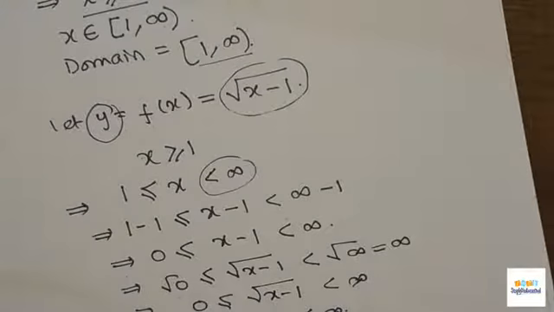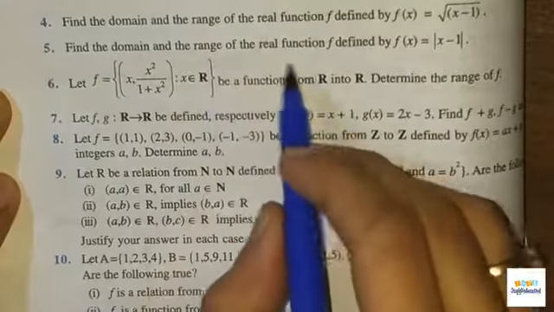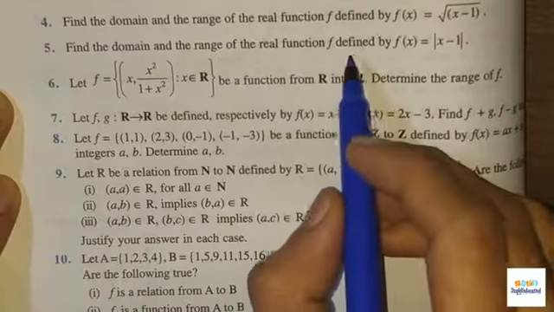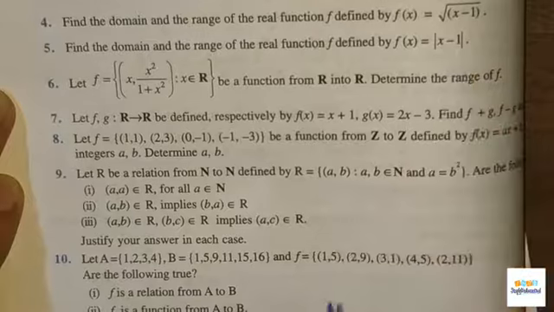Now let us go to problem number 5. Problem number 5 is, find the domain and the range of the real function f defined by f(x) equal to modulus of x minus 1.